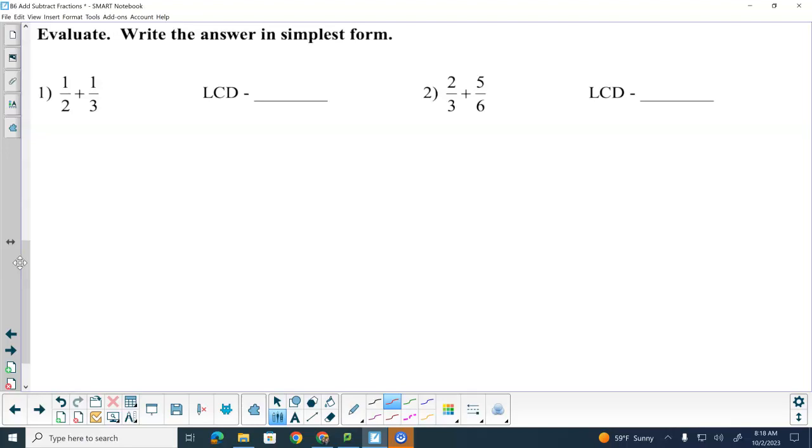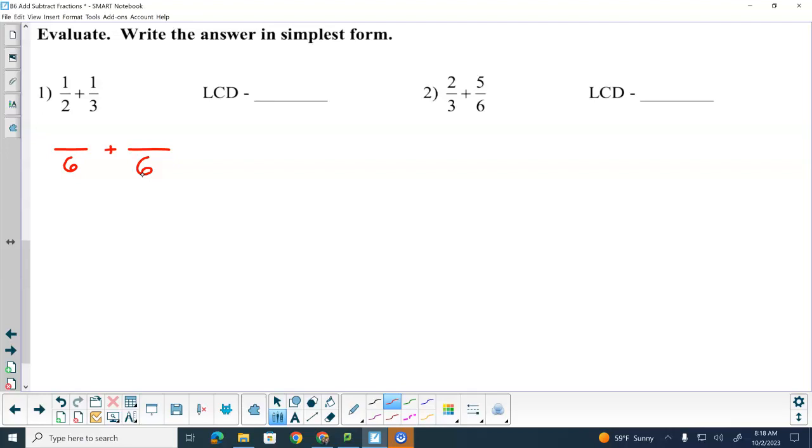Do we agree that 6 can be evenly divided by 2 and evenly divided by 3? Yep, okay. So 6, ladies and gentlemen, is going to be your common denominator. So we write it like that. We write it in common denominator form already, ready to go. Okay.